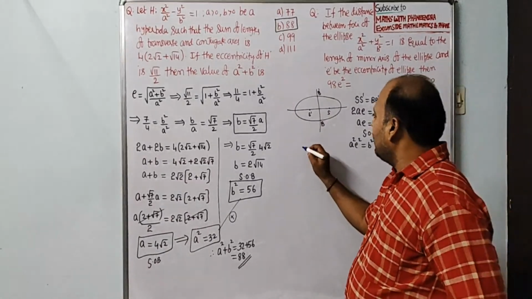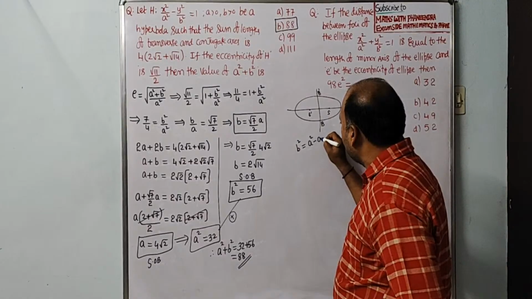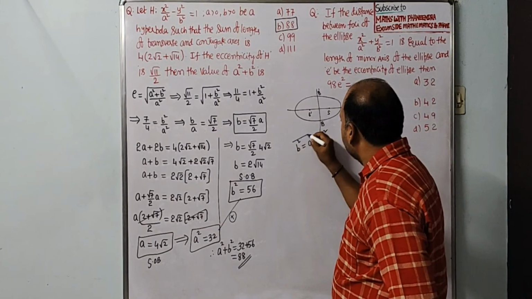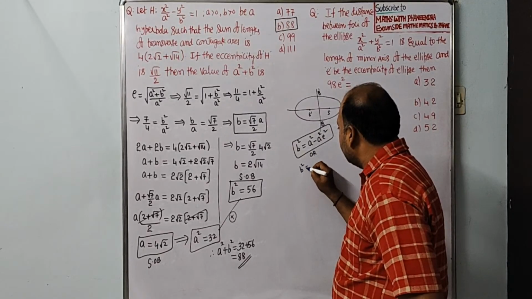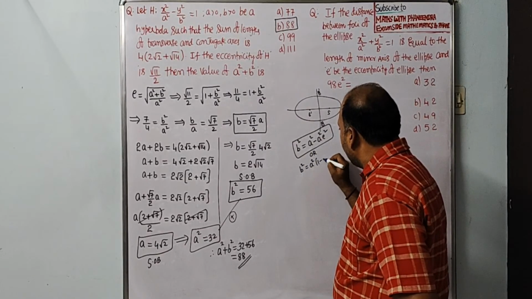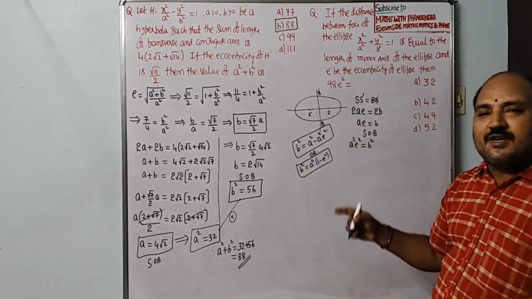We know the formula for ellipse: B square equal to A square minus A square E square. In other terminology, some people will write it as B square equal to A square into 1 minus E square. This is the way they will write, both are the same, dear students.